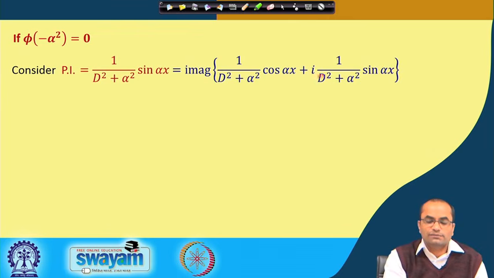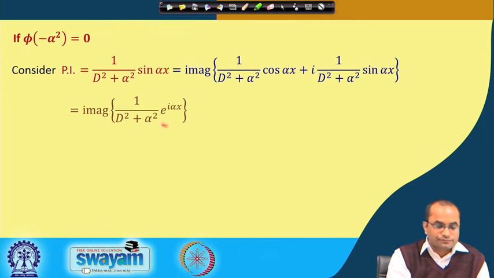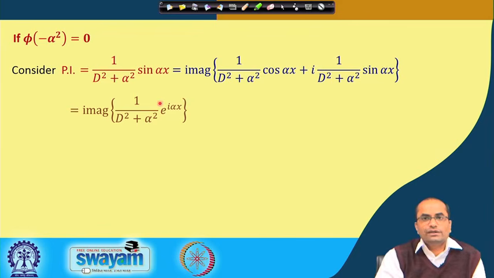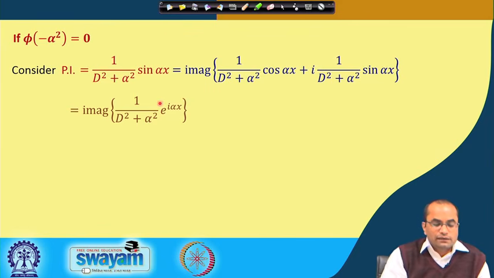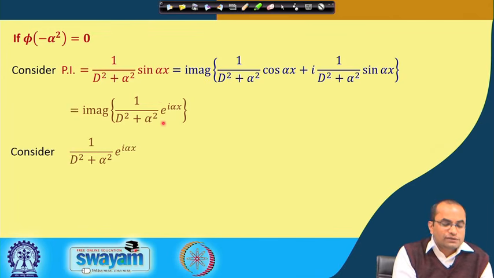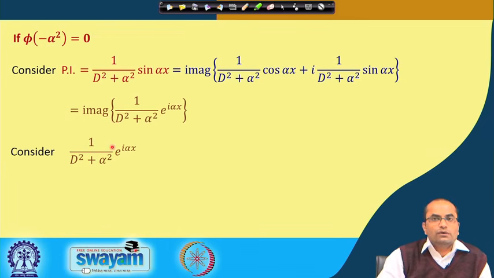So, cos alpha x plus I sin alpha x will be the exponential function with I alpha x, and then we have this operation 1 over d square plus alpha square. And we know the operation on the exponential function, we have already learned from the last lecture. So, we will now consider this 1 over d square plus alpha square operated on exponential I alpha x.